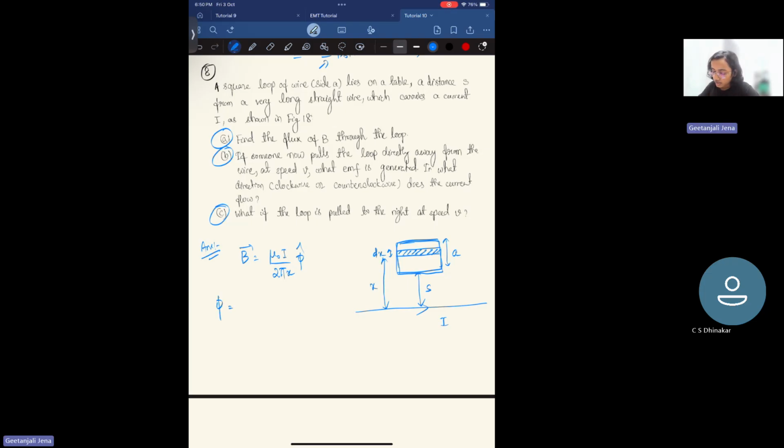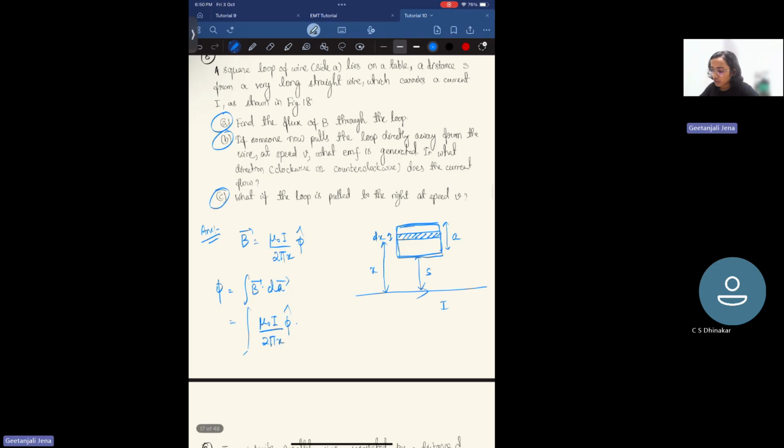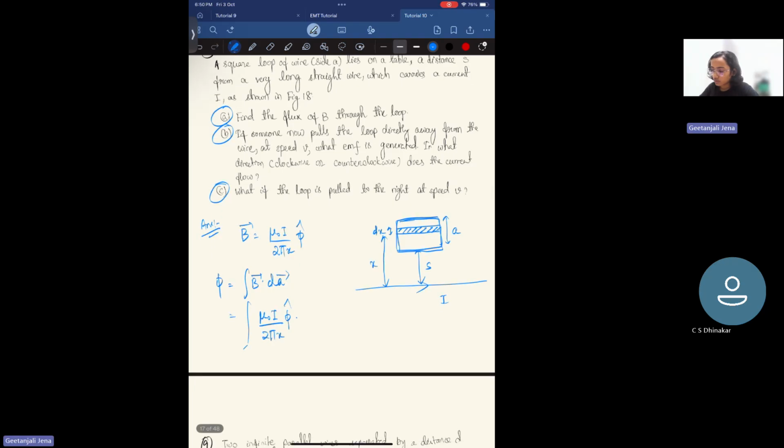So flux is B dot dA. B is mu naught I by 2 pi x. And what will be dA? The direction of B and the area vector is in the same direction. So dA is dx times a, a dx.